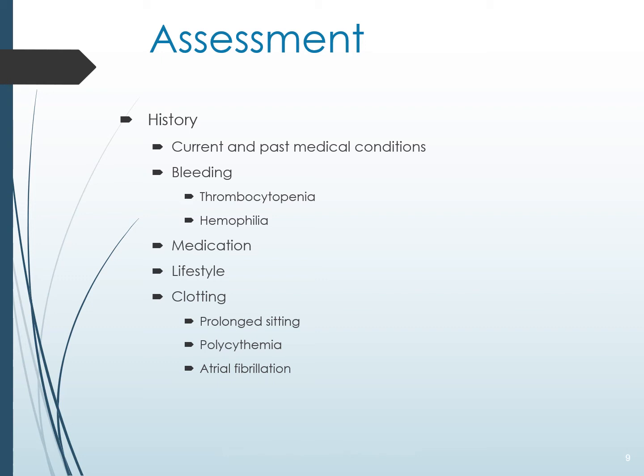Bleeding. The nurse should ask about abnormal bleeding from gums when brushing teeth, from the rectum after defecation, or after a minor trauma. Patients may describe bleeding that takes longer than usual to stop.